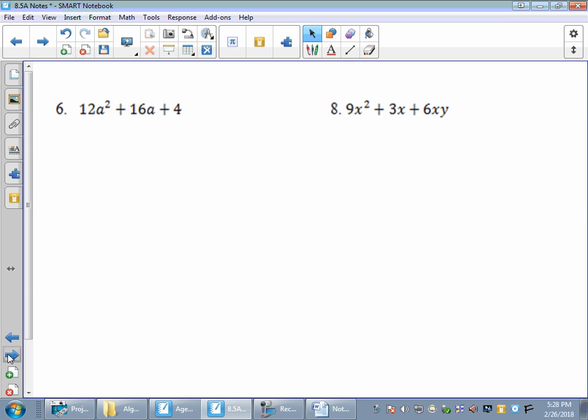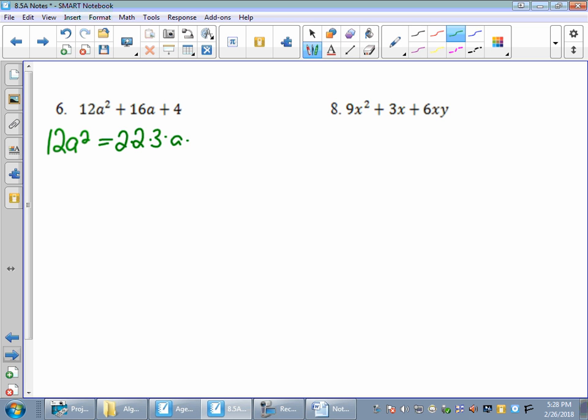Let's do one more. Let's look at number 6. I am going to write out the prime factorizations without the factor trees for number 6 just to save us a little bit of time. If you would like to pause and write out those factor trees, then go ahead. I know that 12a squared is going to give me a 2 times 2 times 3 times a times a.